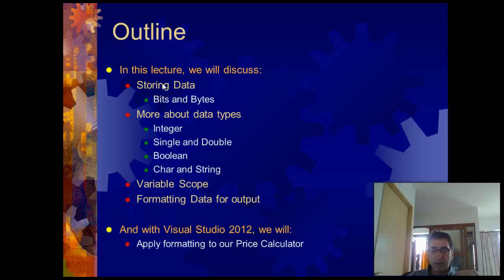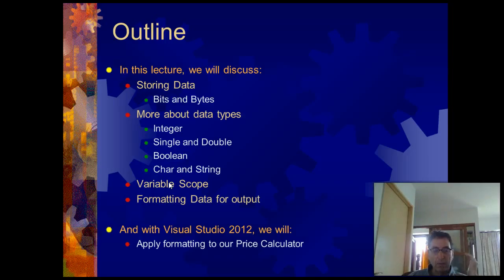the computer. And we're going to talk more about data types. We talked about integers and doubles. We're going to also mention singles, this type here, and string we talked about, and also this type here. We're also going to talk about variable scope, which means if you use a variable inside one button, can you use the same variable inside another button?